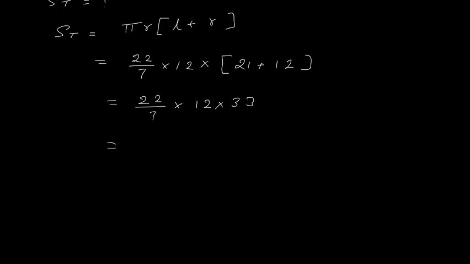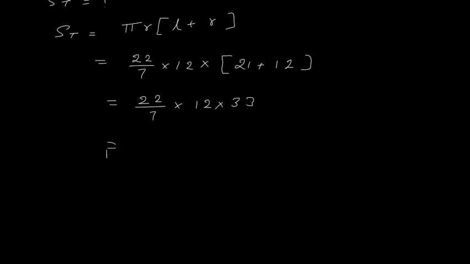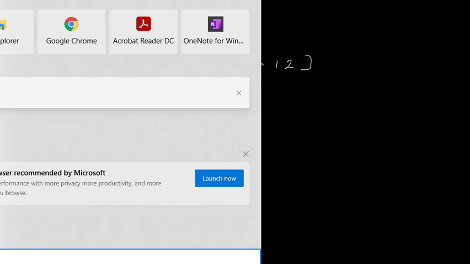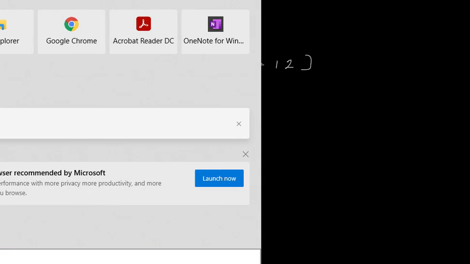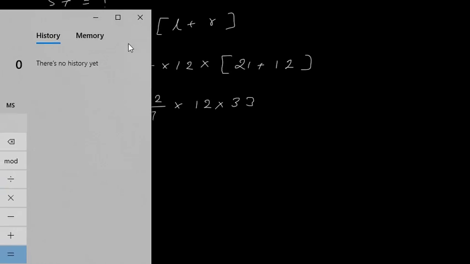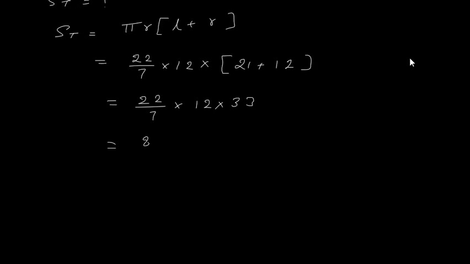So first I will multiply all the terms which are in the numerator, that is 22, 12 and 33. Here let me use a calculator, but you are not supposed to use the calculator. 22 into 12 into 33 gives me 8712, and then I will divide this by 7.